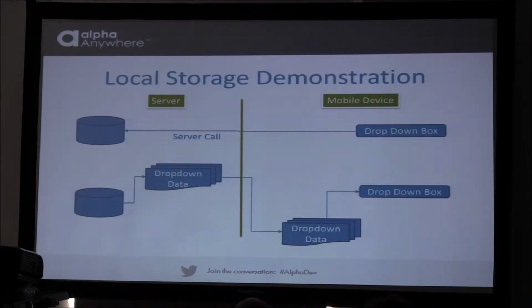And then that data comes across and is stored in local storage on the mobile device. Now, whenever I need to access and update this drop-down box, it's now going from the data on the local device, not on the server. So huge power because you can work disconnected, but as you noticed also, there was a significant performance improvement.